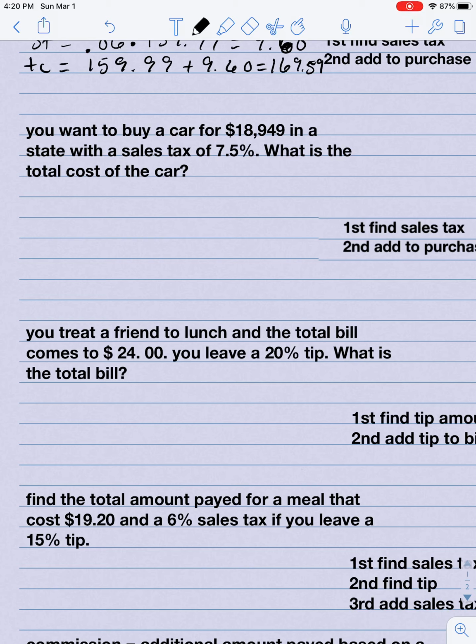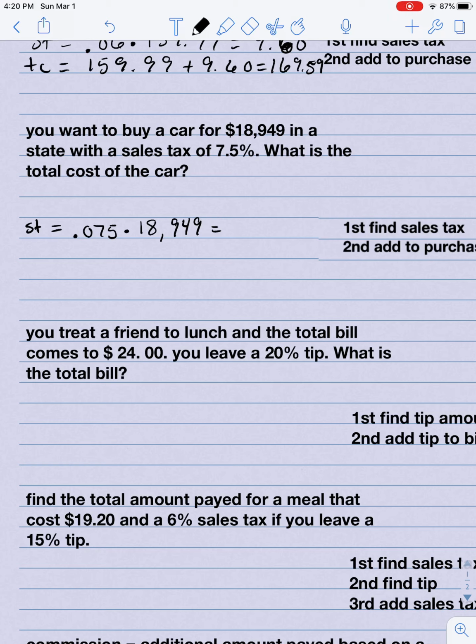Okay, so once again, you're going to set this up the same way. You've got your sales tax, so ST is going to equal our percent, 7.5%, so that would be 0.075. Once again, we move our decimal 2 to the left. So we times that by the cost of the car. That is $18,949.